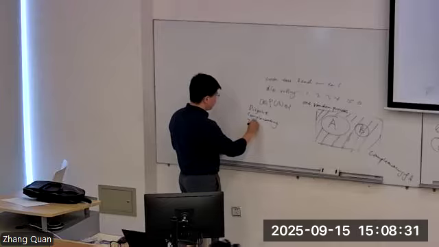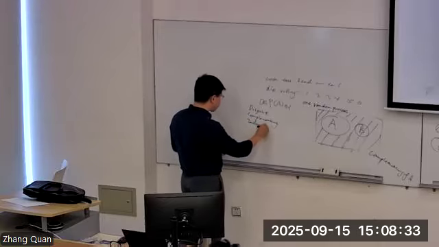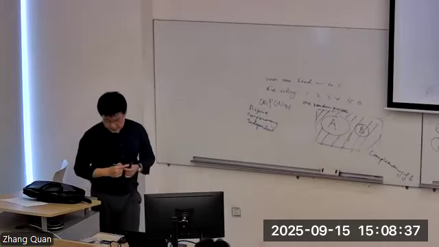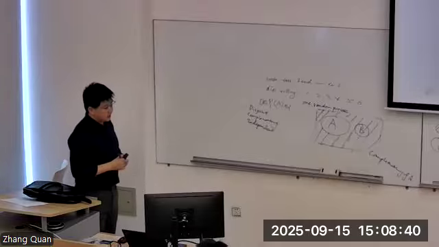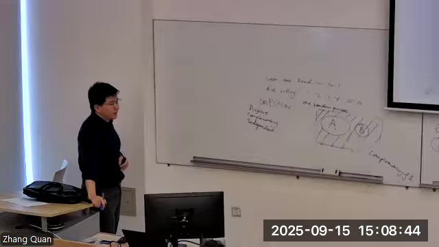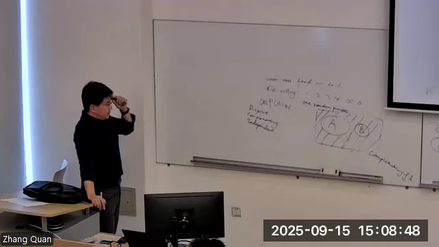The next concept is independence. Independence itself, the concept is the closest to random.